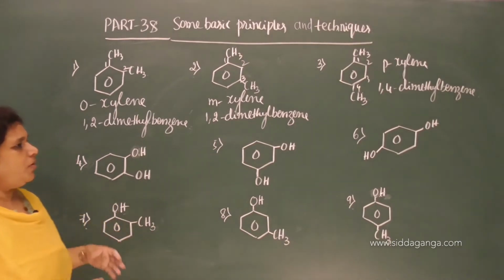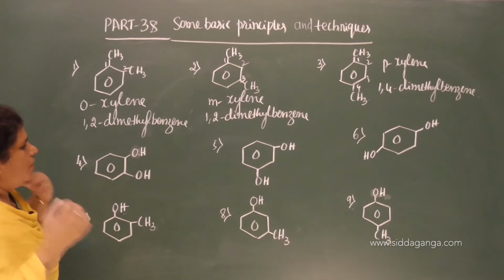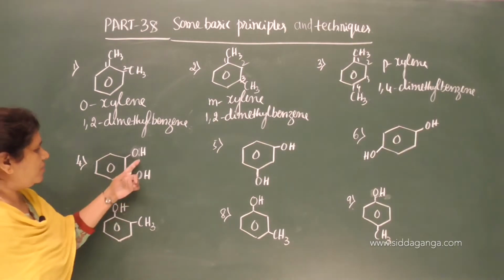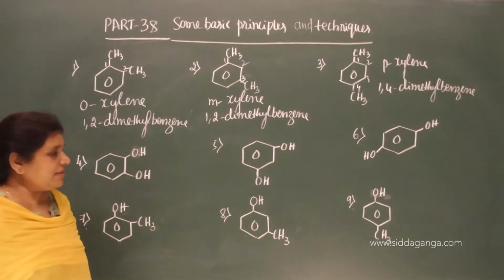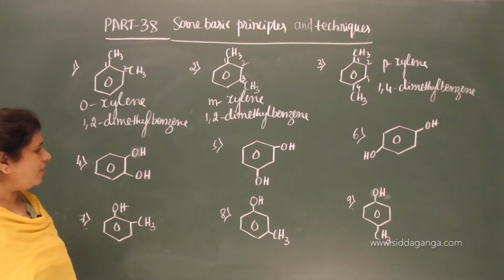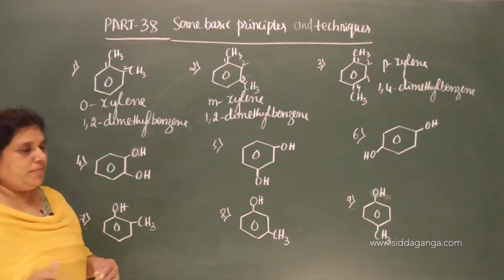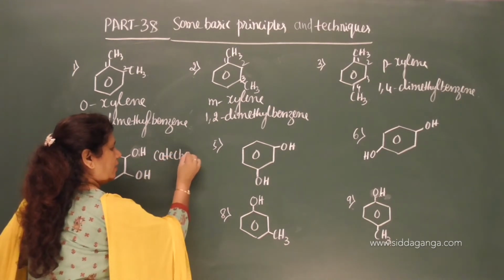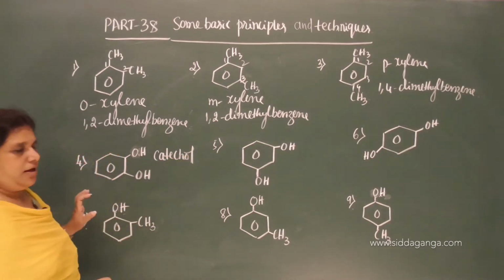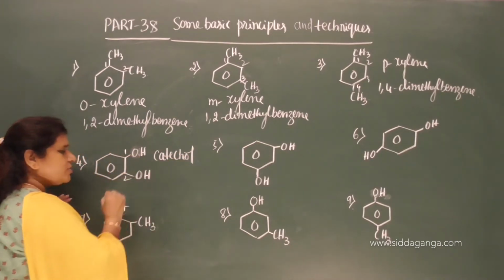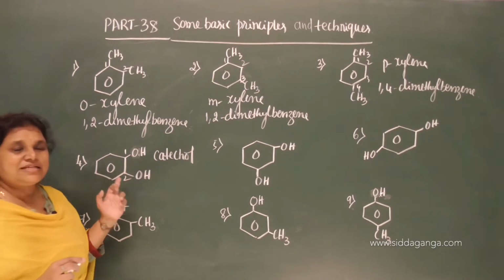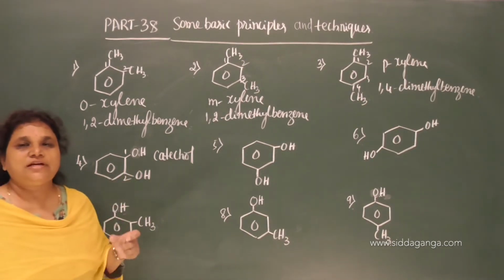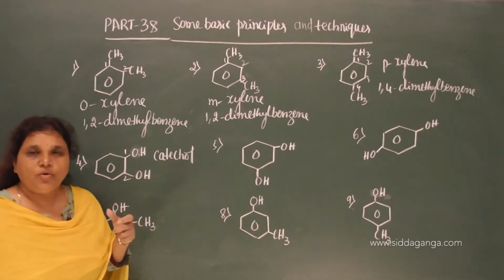Okay, now move on to the second one, when two OH groups are present on a benzene ring. They have their own common name, and this is called catechol. Catechol is the common name, but here OH group is on the first and second carbon. What is the secondary suffix that we can use for OH group? OL.